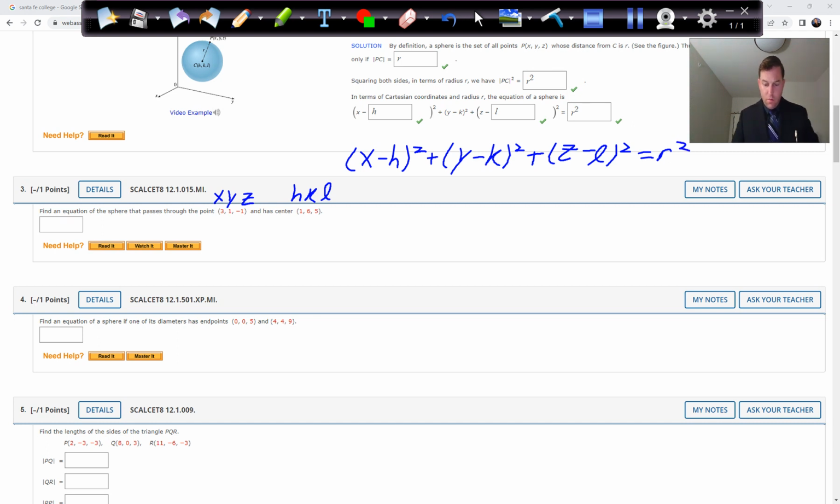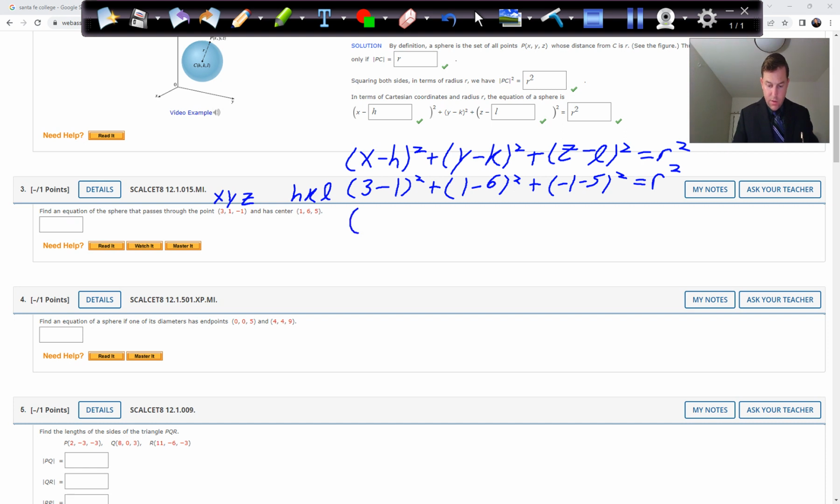Okay, so we know in this problem we have the x point is 3 minus h, which is 1. The y coordinate is 1 minus the k coordinate, which is 6, plus the z coordinate is minus 1 minus the l coordinate, which is 5. And this should all collapse to give us the radius squared, which is what we need.